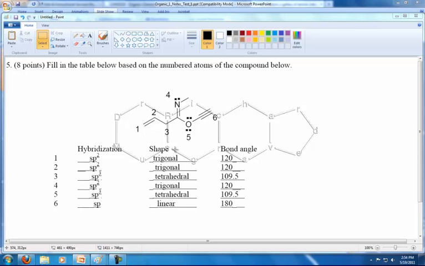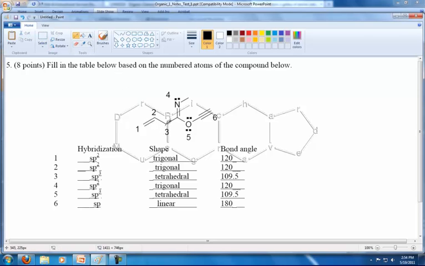The single bonds will be sp3, the double bonds will be sp2, and the triple bonds will be sp. And this is all related to the number of objects that we're going to see attached to each of these atoms.